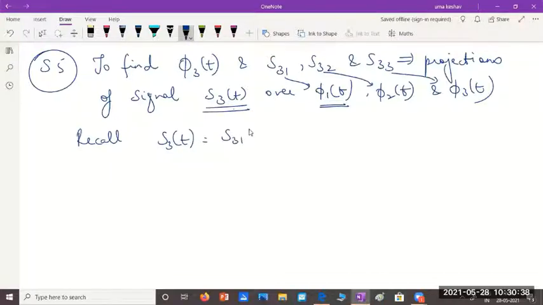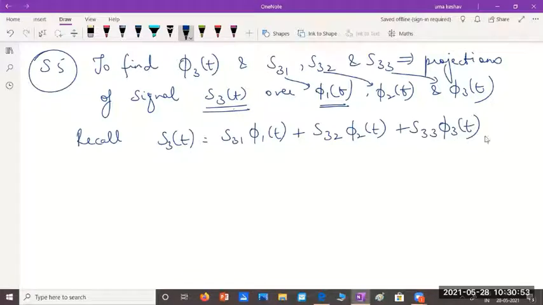We considered S31 into phi1 of t plus S32 into phi2 of t plus S33 into phi3 of t. We considered these 3 coefficients to be non-zero and all the other higher order coefficients to be 0. Right? This is how we analyzed. Now we have to find all this.